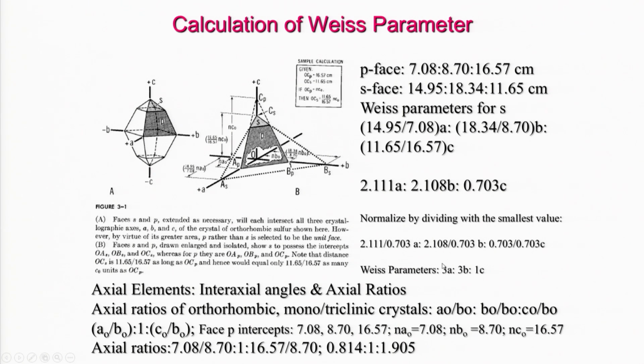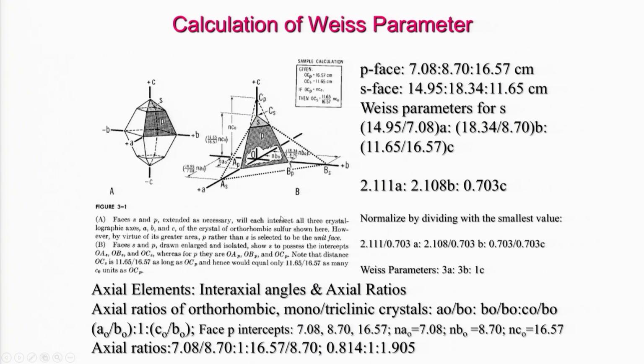So, along the A axis the intercept is 3 units, along the B direction the intercept is 3 times, and along C the intercept is 1 time. Essentially, it tells you that the inclination of this phase is such that along the A and B axes the intercept is 3 times the intercept distance along the C crystallographic axis.